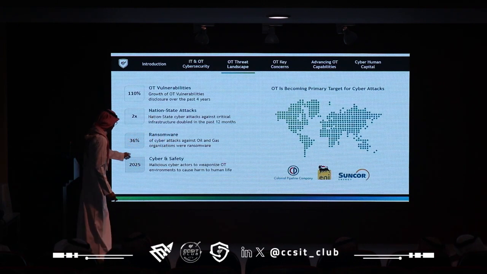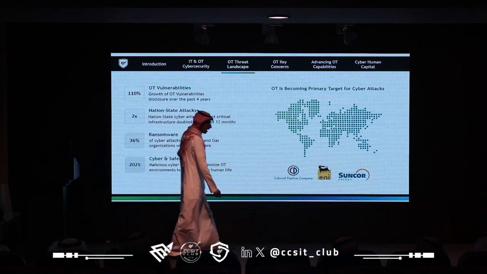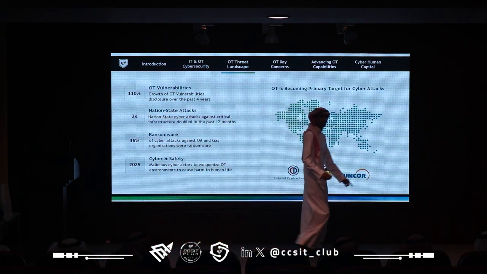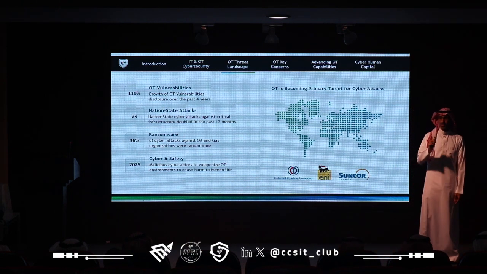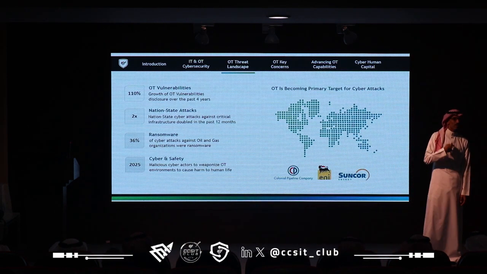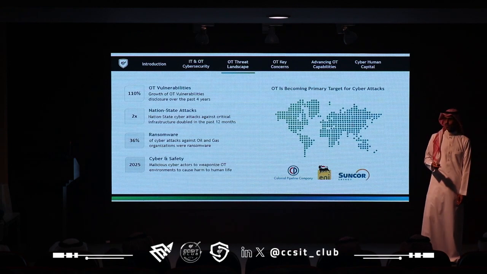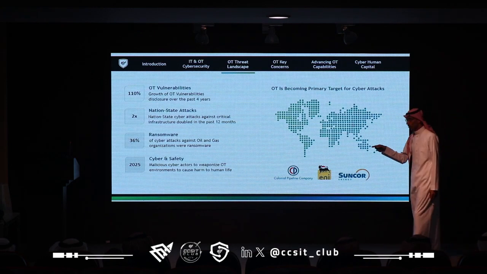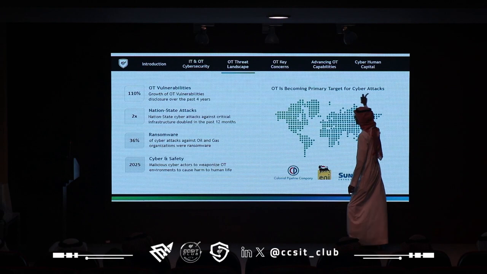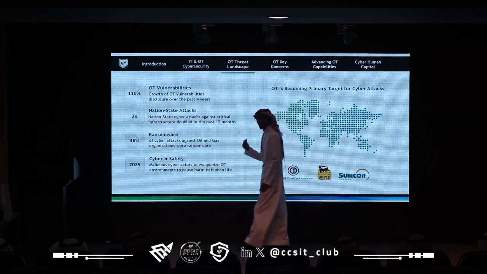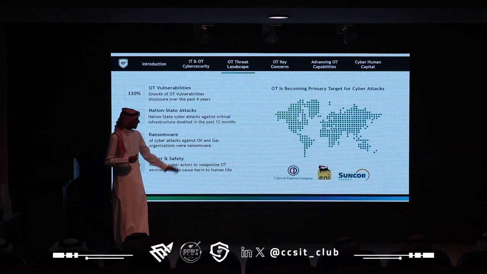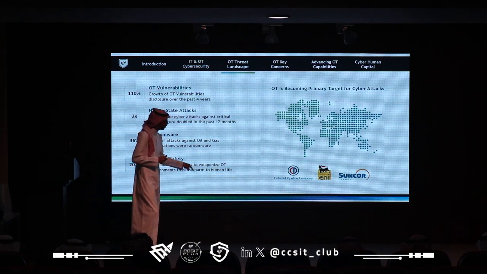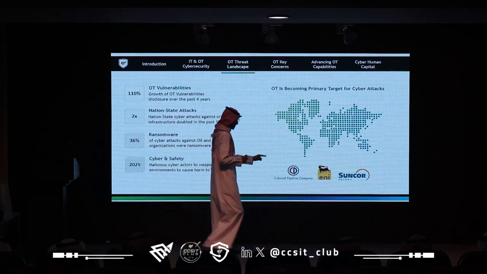But unfortunately, there is a report from Gartner, a very well-known consulting company, that predicts that by 2025 our adversaries will start to weaponize OT environments to harm human life. So we can see clearly that OT is becoming a primary cyber attack target for our adversaries. The picture becomes clearer when you look into recent attacks.